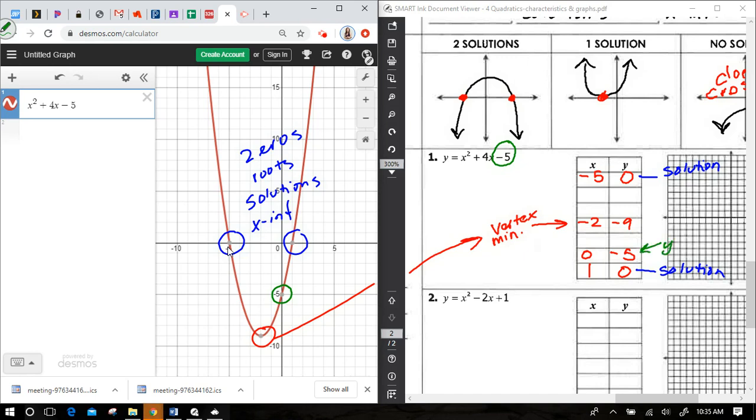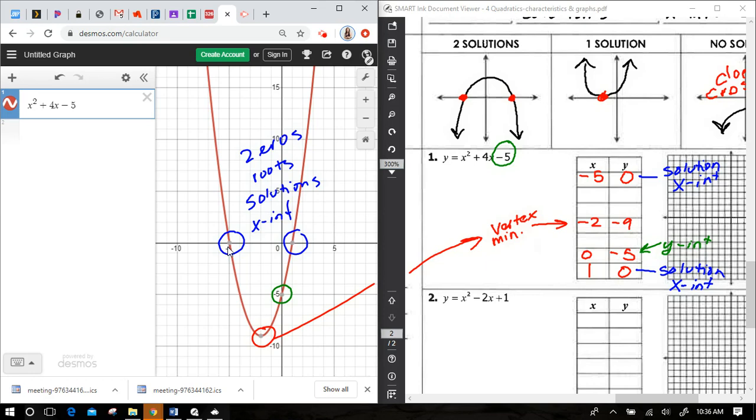So what I have found is a vertex, a y-intercept, and two x-intercepts. And I barely did anything except type it into the Desmos calculator and then click the function and all of these key features pop up for me. Okay. And I know that it had two solutions because it had two x-intercepts.